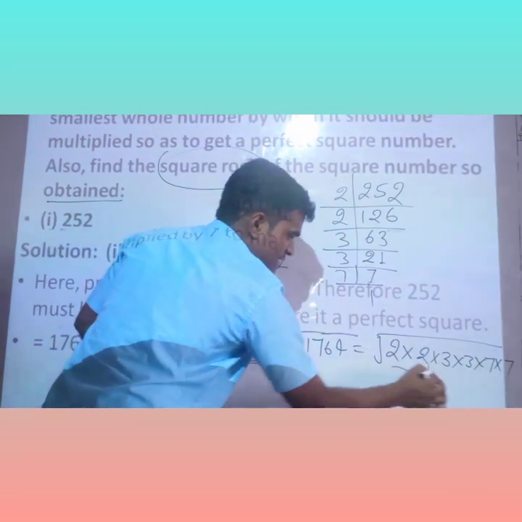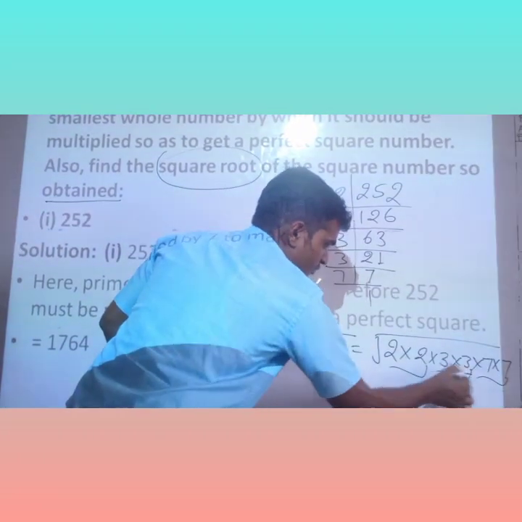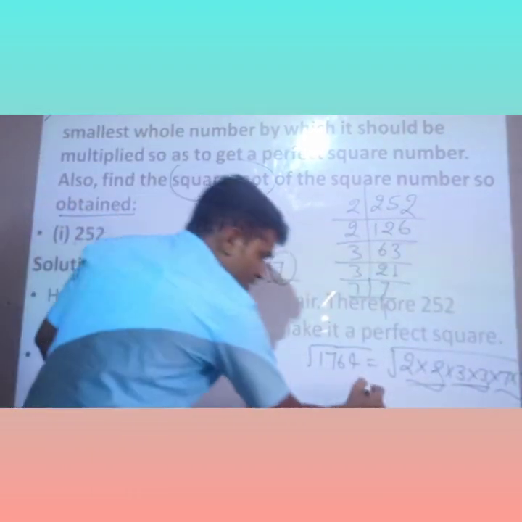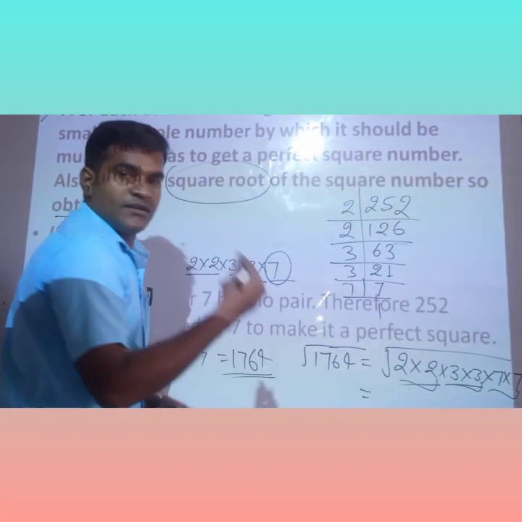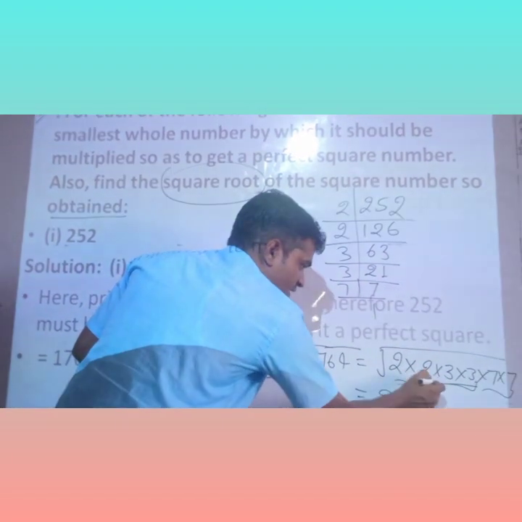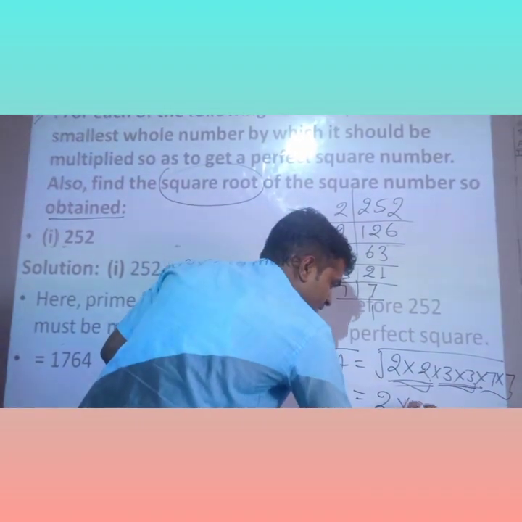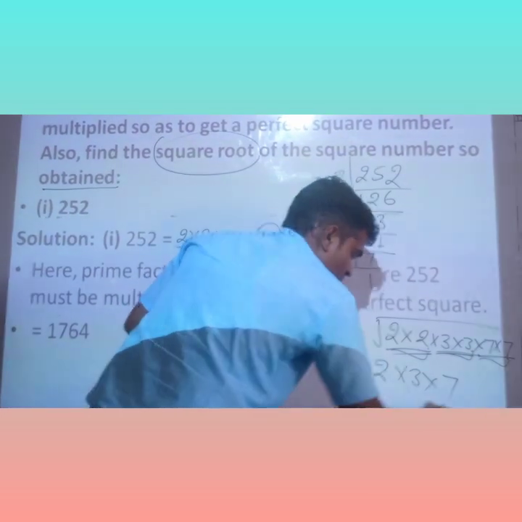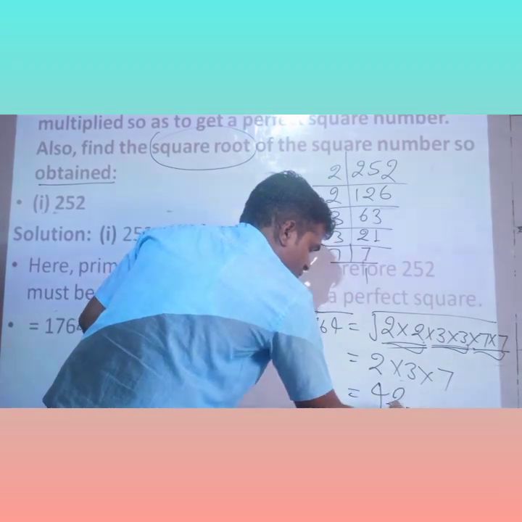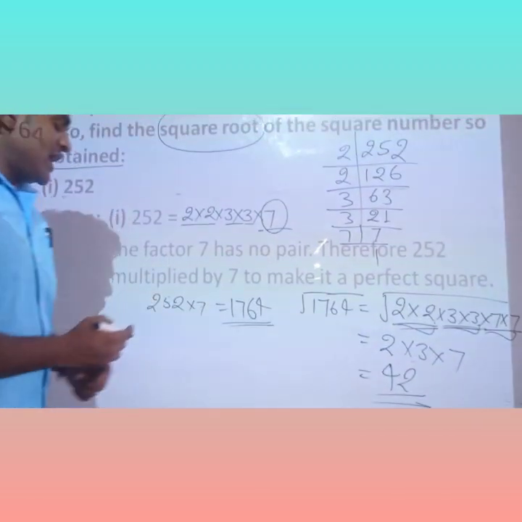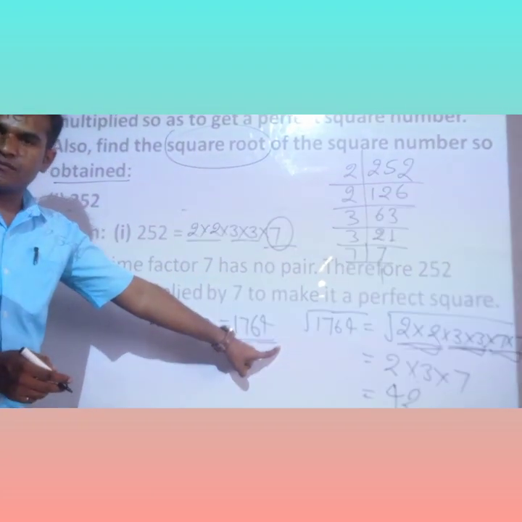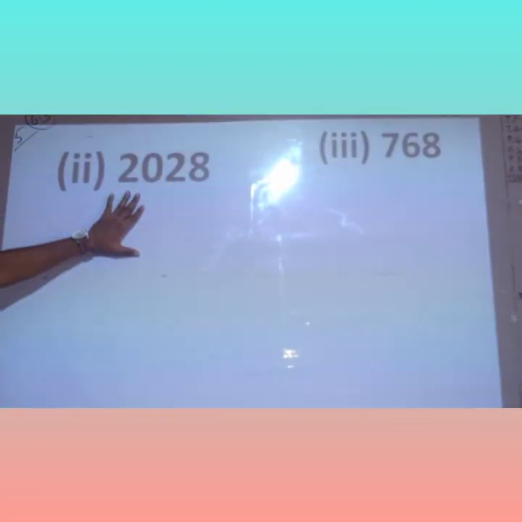Here 2 is a pair, 3 is a pair, 7 is a pair. Choose one factor from each pair. So we get 2 from the first pair, 3 from the second, and 7 from the third. 2 times 3 is 6, 6 times 7 is 42. 42 is the square root of 1764.